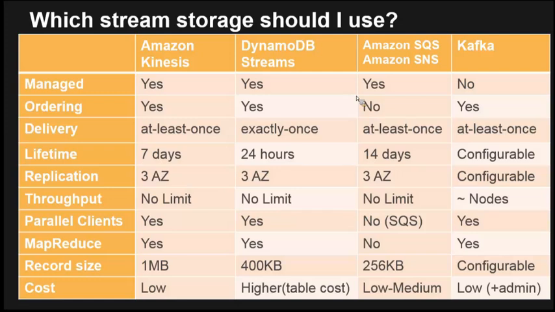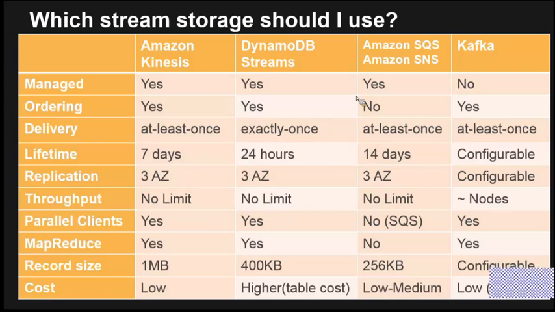Last but not least, cost. When I compute the cost for persisting streaming data, Kinesis turns out to be the lowest cost service. If the same payload is persisted in DynamoDB streams, it's a little more expensive because I think you're paying for the table cost, which is there forever.